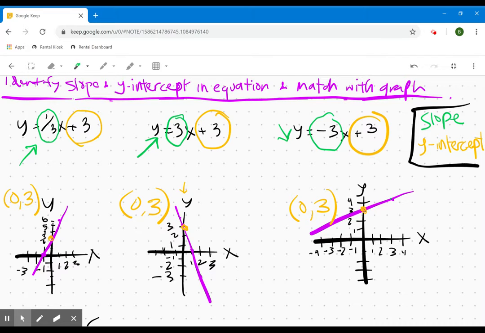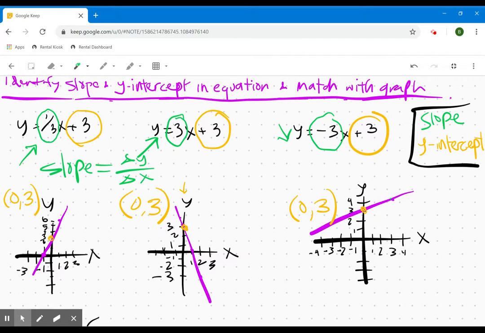So remember that slope is going to be your change in y over your change in x. So let's look at the first graph.